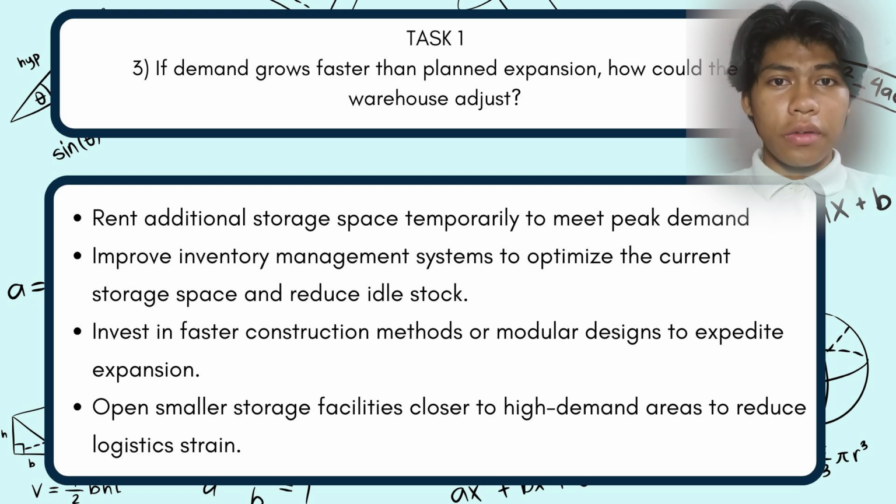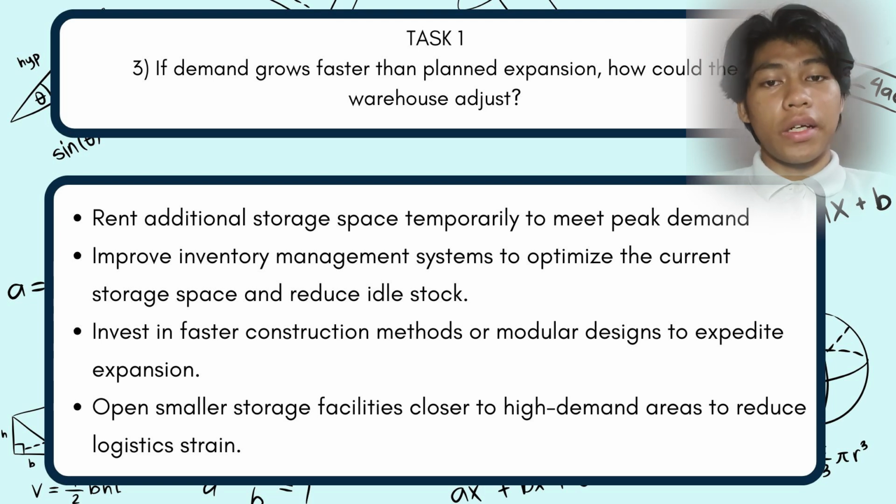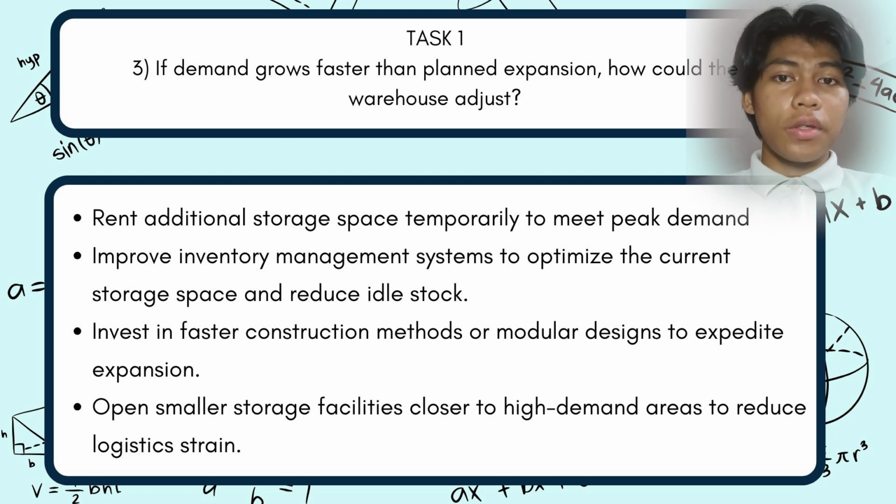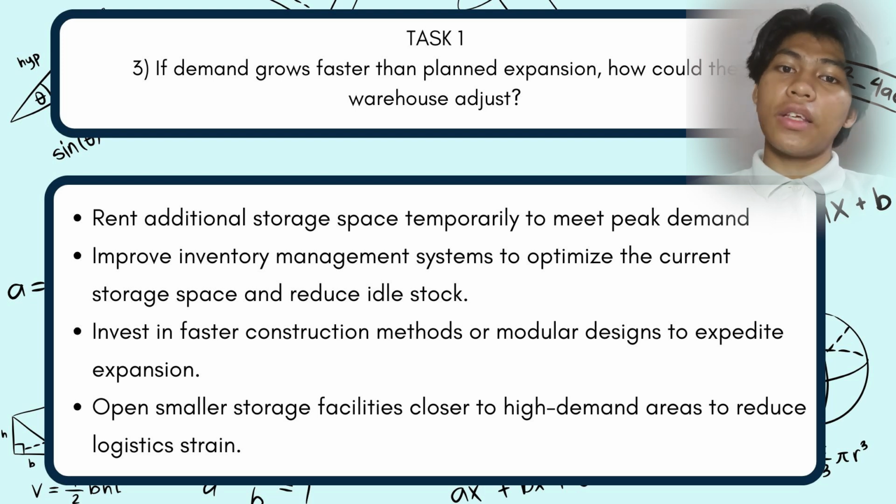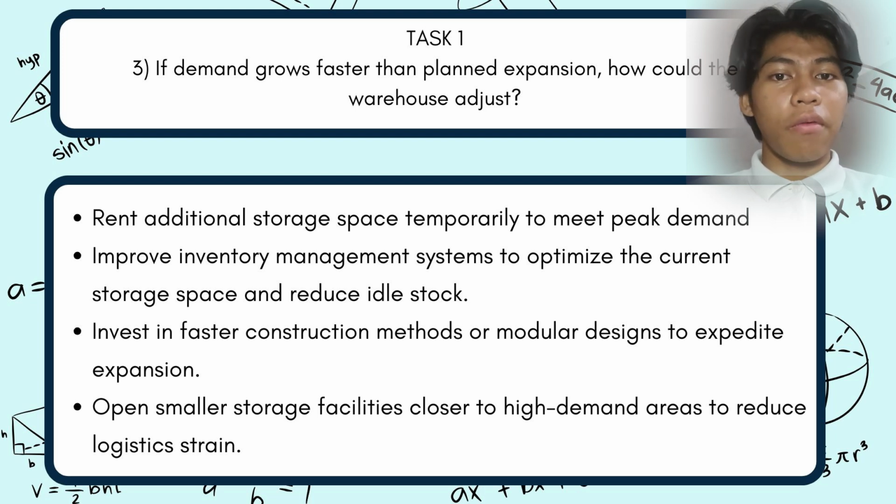First, the warehouse could rent additional storage space temporarily to handle peak demand without compromising operations. Another approach is to optimize inventory management systems, ensuring the current storage space is utilized more efficiently while reducing idle stock.